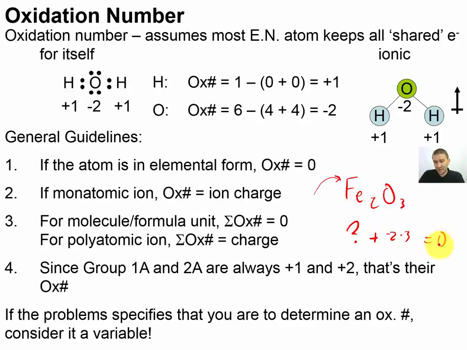That gives -6. To make the total 0, my question mark has to be +6 coming from the irons. If the overall effect of iron has to be +6, that means each of the two iron atoms has to be +3. So that's how we can determine the oxidation number the long way around using these rules.